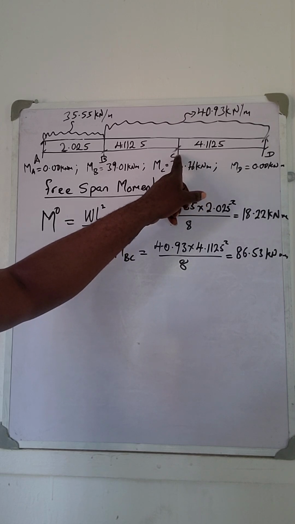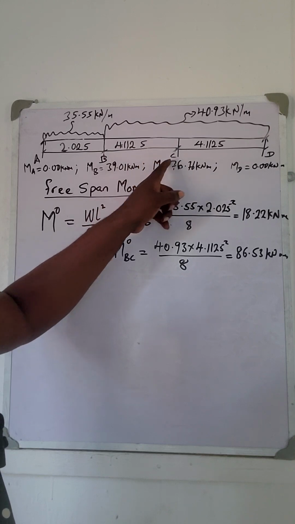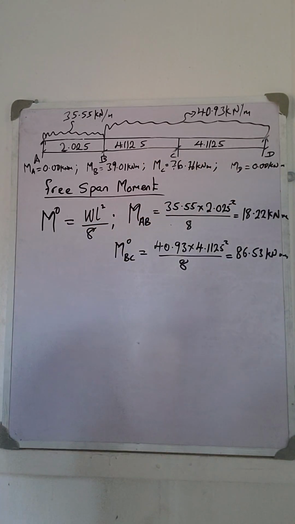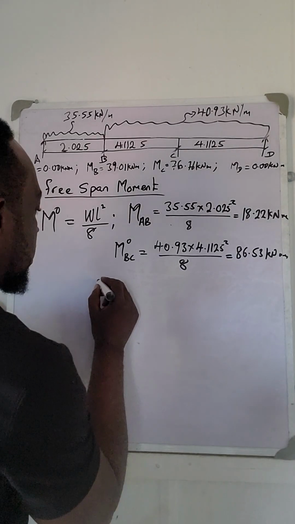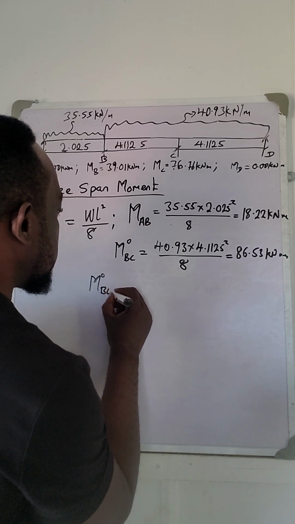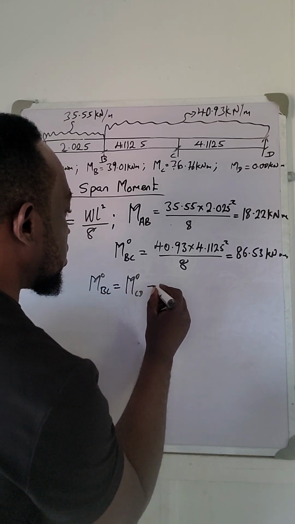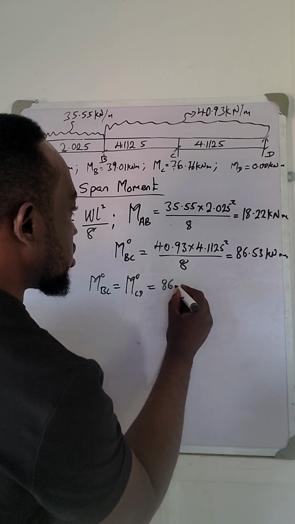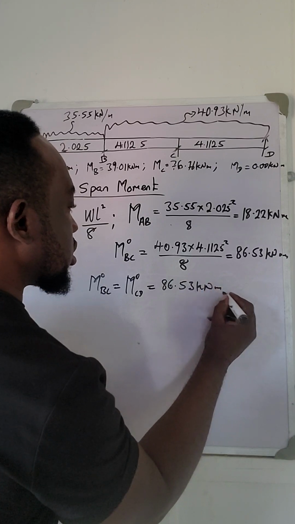Between C and D, the span CD is equal to BC, and the loadings are the same. This means that MBC is equal to MCD, equal to 86.53 kilonewton meters.